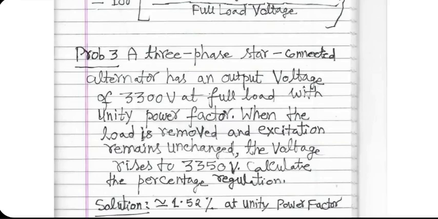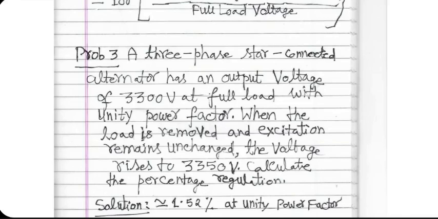For AC generators, voltage regulation is always specified at a certain power factor. If you say 1.52%, it's not enough. You should tell everybody at what power factor you measured it. This is why they have mentioned unity power factor.